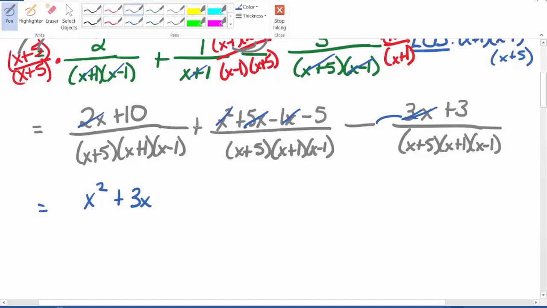Next, we're going to take our numbers. So we have 10 plus negative 5, that comes out to be 5, minus 3, again applying that negative to the 3. So that comes out to be plus 2. On the bottom, we still have our x plus 5 times x plus 1 times x minus 1.